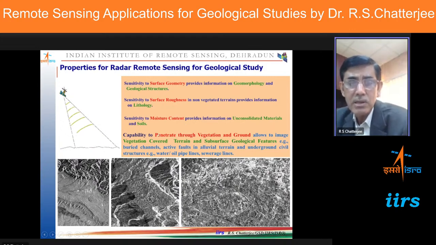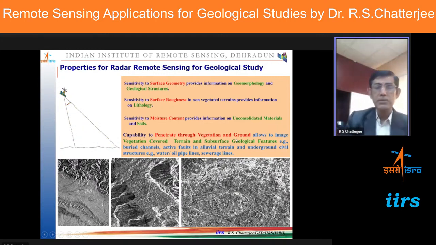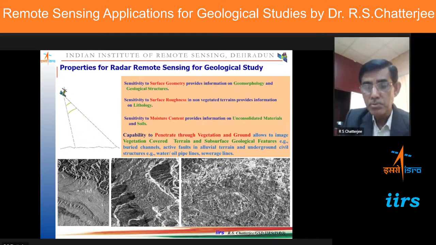And most importantly, radar, because of the longer wavelength, can penetrate through vegetation, and also it can penetrate through ground. Because it penetrates through ground, it can image some of the subsurface features, like buried paleo channels, active faults in the alluvial area. The faults you won't be able to see because it is obliterated, because the material is loose, but the fault is there underneath.